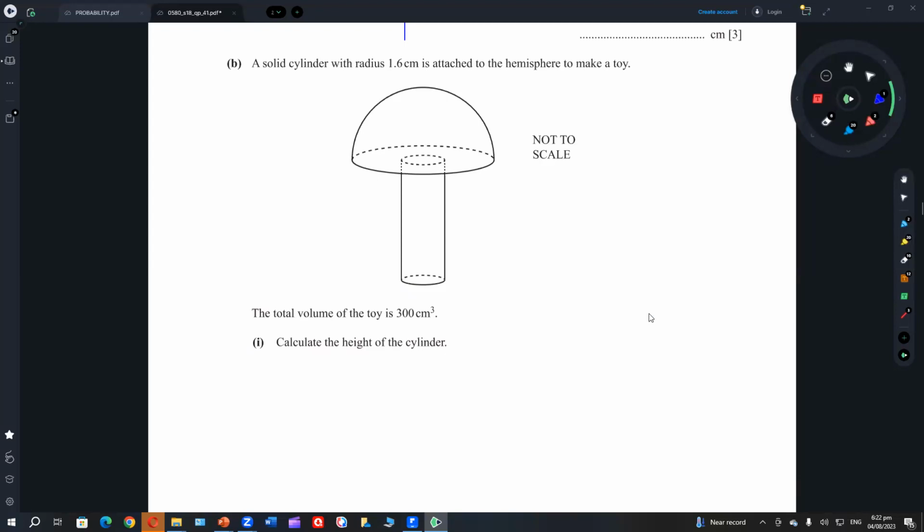Cylinder and hemisphere, this is a composite combination. It is asking to find the height of the cylinder. He says the total volume is 300.